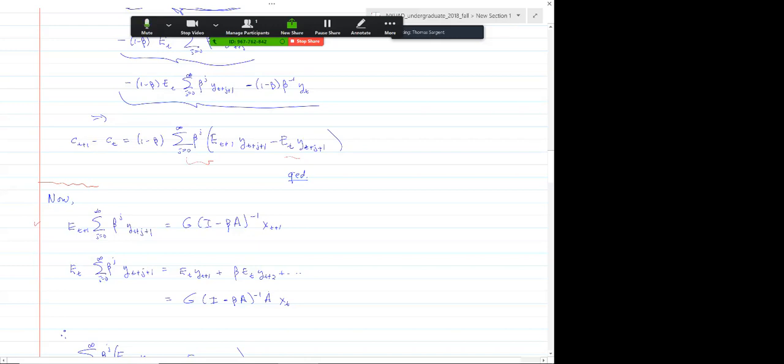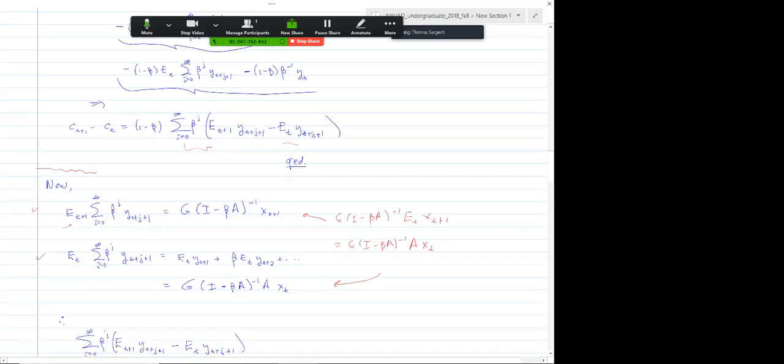And now I'm going to compute the conditional expectation of this thing at time t. Well, that's going to be easy because we get it directly from here. G (I minus beta A) inverse, those are just numbers, those are fixed, and I can pass the conditional expectation inside here, but that just gives me G (I minus beta A) inverse A x_t, which is this.